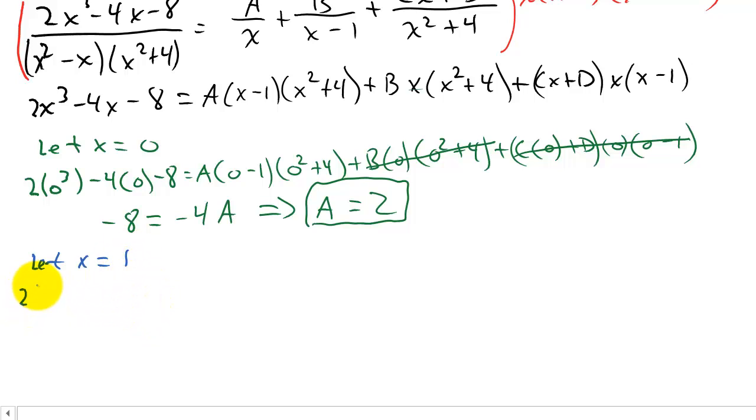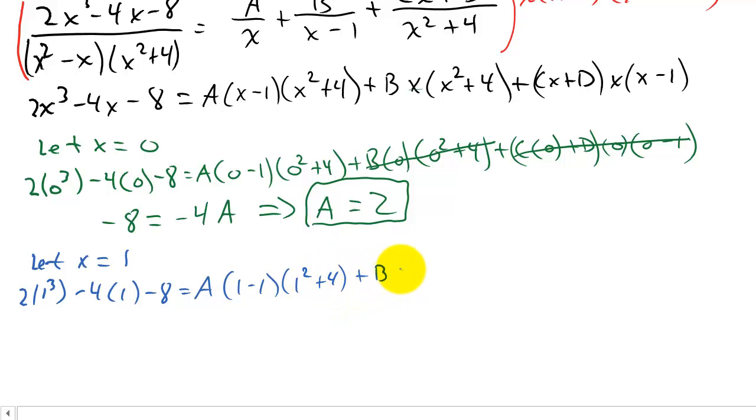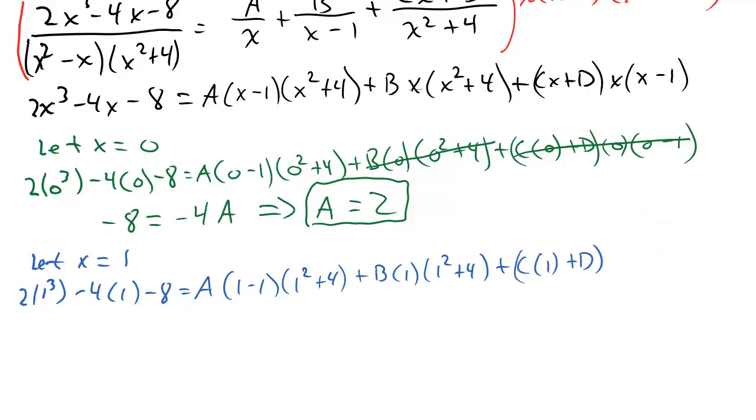So that's going to be 2 times 1 cubed minus 4 times 1 minus 8 is a times 1 minus 1 times 1 squared plus 4 plus b times 1 times 1 squared plus 4 plus c times 1 plus d, times 1 minus 1.